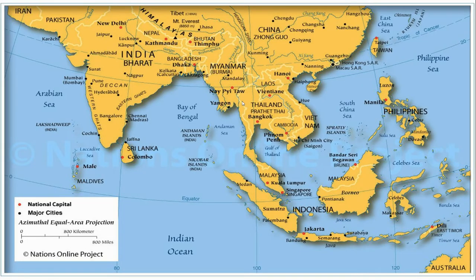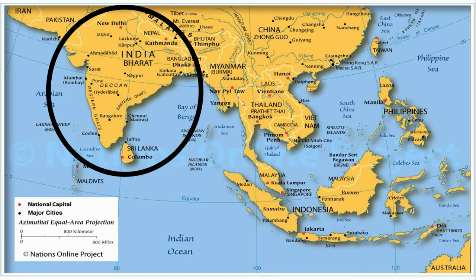Well, when we talk about the part of the web that we're focusing on, we're looking at South and Southeast Asia. This is essentially what's displayed for you on the map. South Asia essentially is India, Pakistan, and Bangladesh today, the Indian subcontinent or the Indian Peninsula.